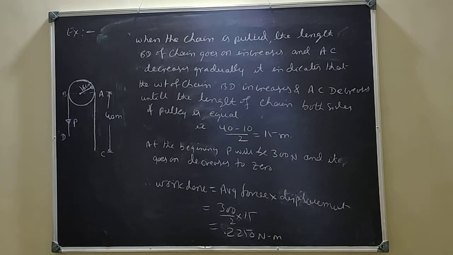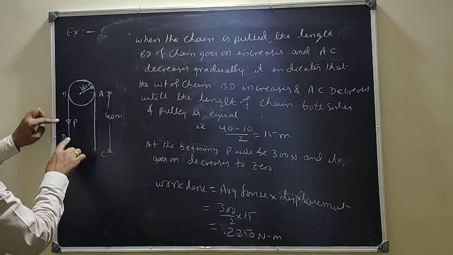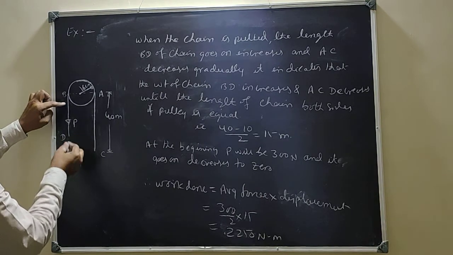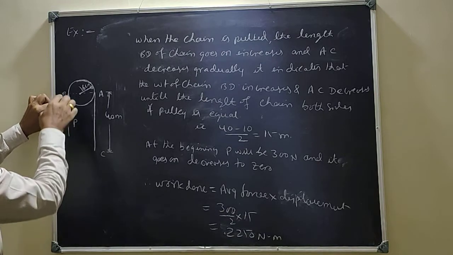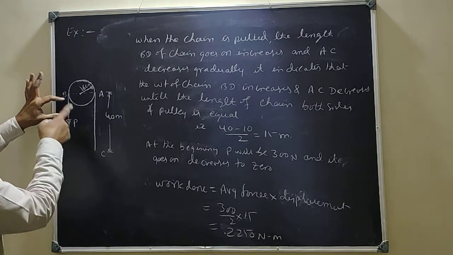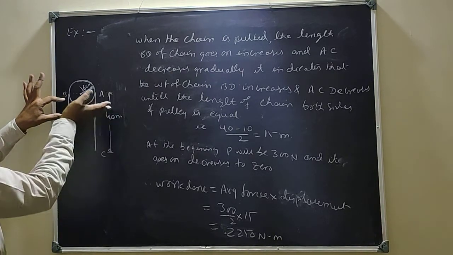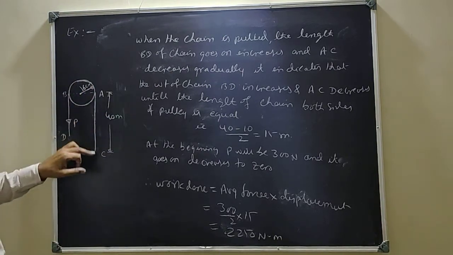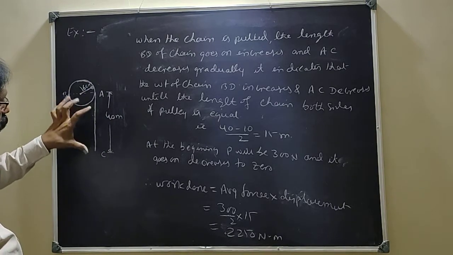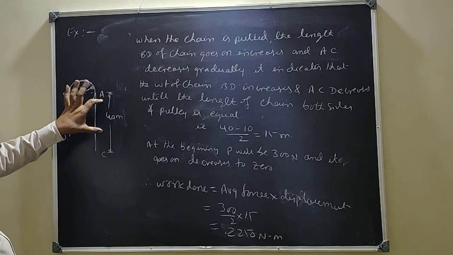So in this case logic is required, because the force what we are going to apply here goes on decreasing as you are pulling the chain downward. So that means chain comes down, so on this side chain length increases. Because of the increase, the weight is going to increase. So simultaneously on the other side the chain will be going up, so length goes on decreasing. So naturally the weight also decreases.